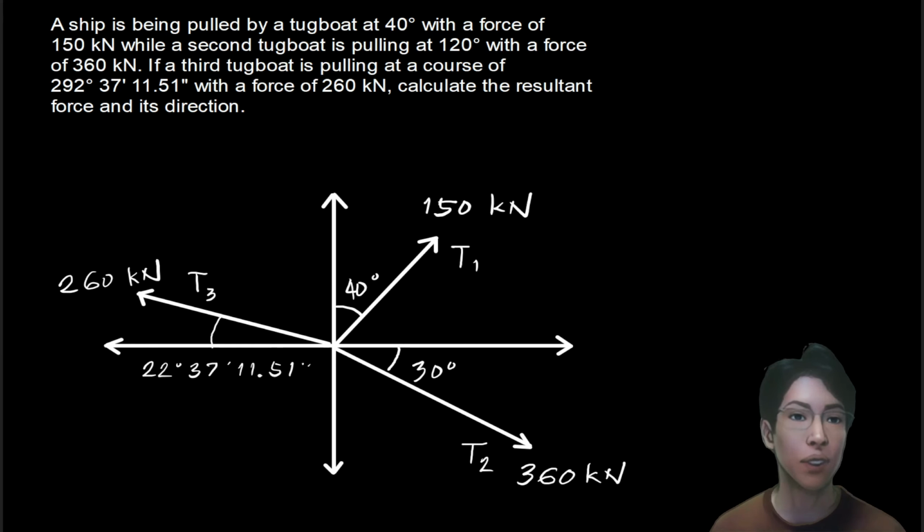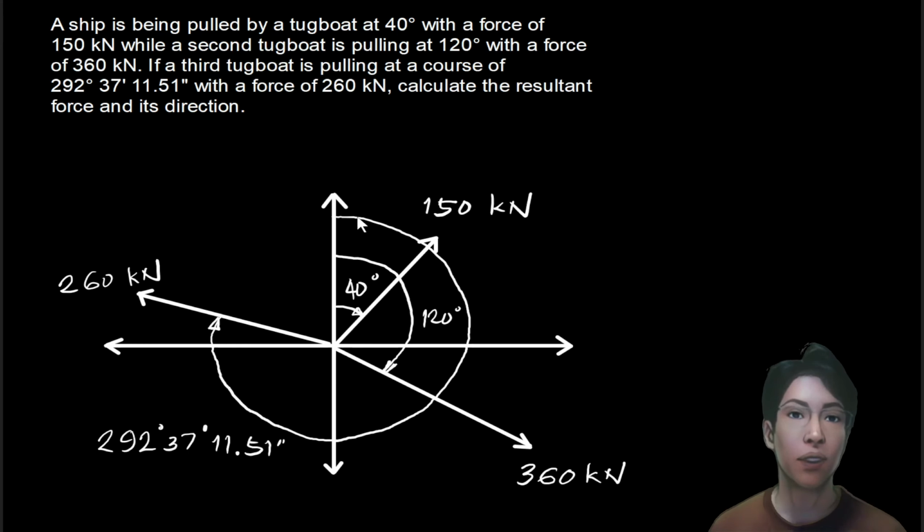Earlier, it was like this, wherein the direction or course of the tugboats are expressed in true north. Formerly, we were expressing the course as east of north or west of south, and so on. But this time, course is expressed in terms of true north.